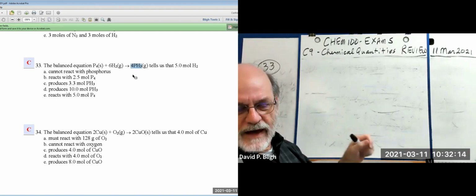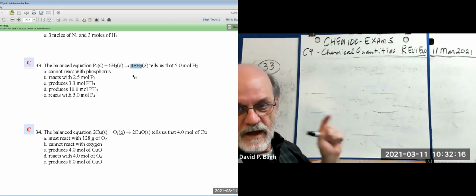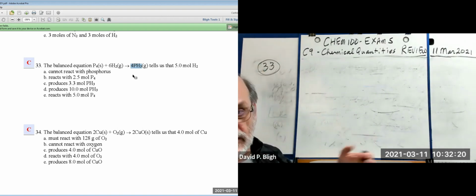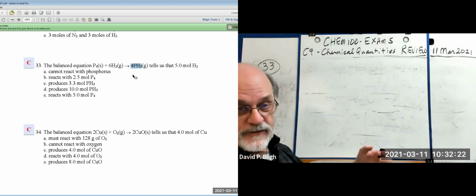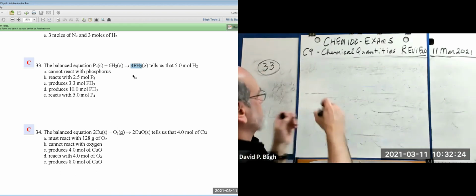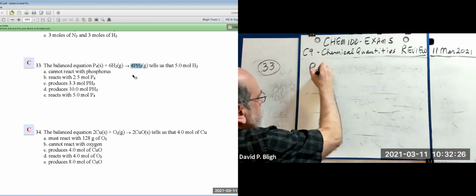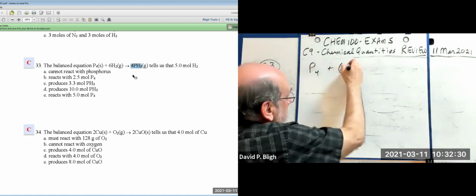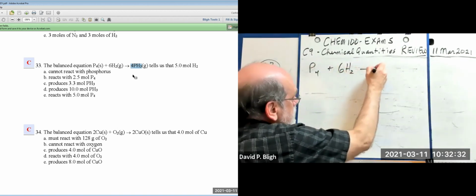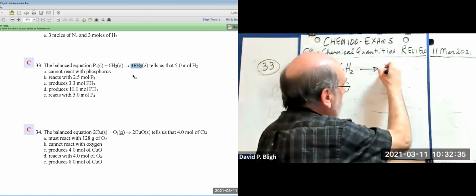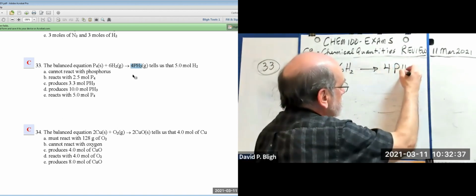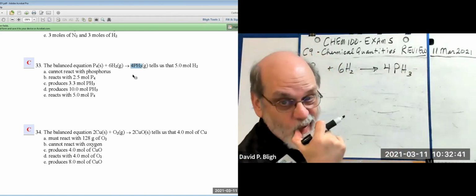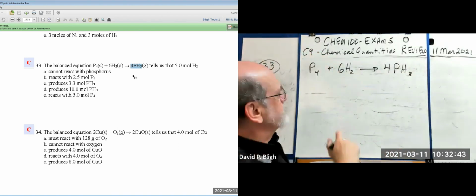5 moles of hydrogen. What does this reaction tell us? 5 moles of hydrogen, what? So we have to look at each one of these to see which one satisfies. Let's write the equation. P4 plus 6 hydrogens yield 4 phosphorus trihydride. All right, so 5 moles of hydrogen is given.